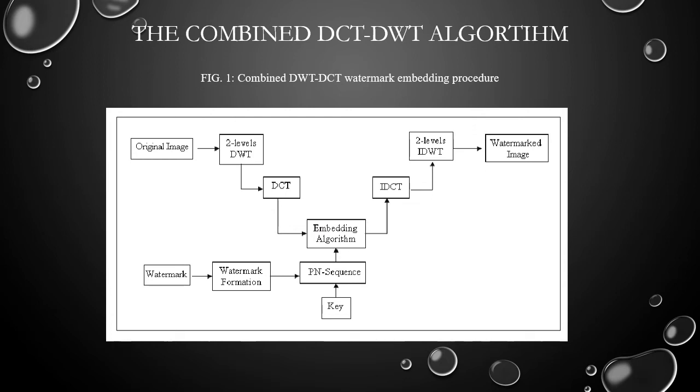Then we apply the inverse DCT algorithm to each block after the midband coefficient modification. Then we apply the inverse DWT on the DWT transformed host image. Then we get the watermarked image.